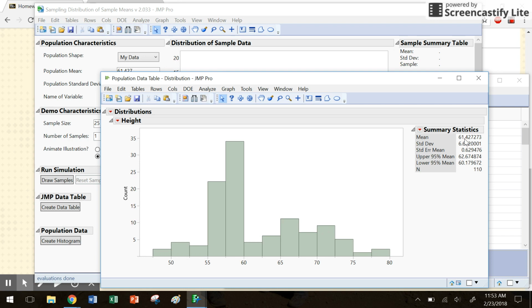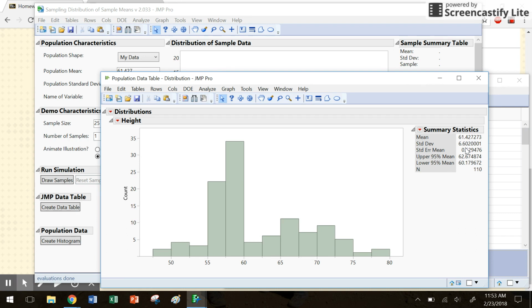And the population mean is here, so that is mu. Remember, a population mean is symbolized mu. So mu is 61.42. And below that is the standard deviation. And again, if we're talking about the whole population, that would be sigma. So sigma is 6.6.